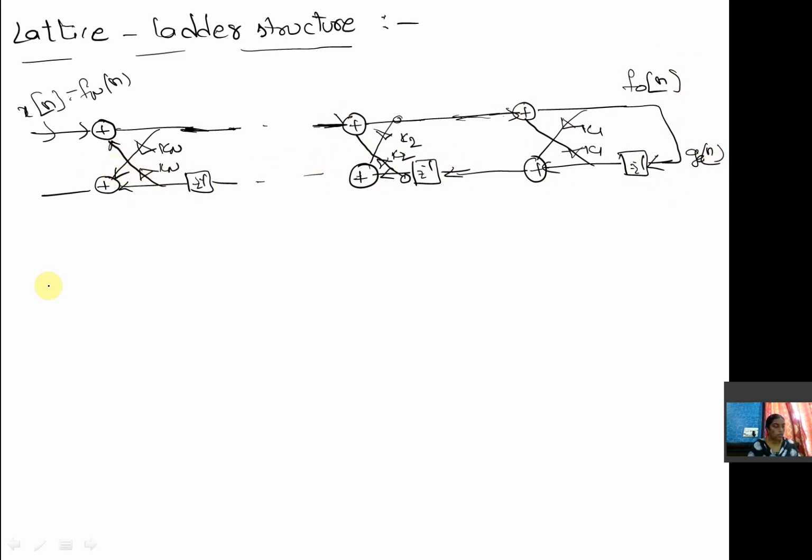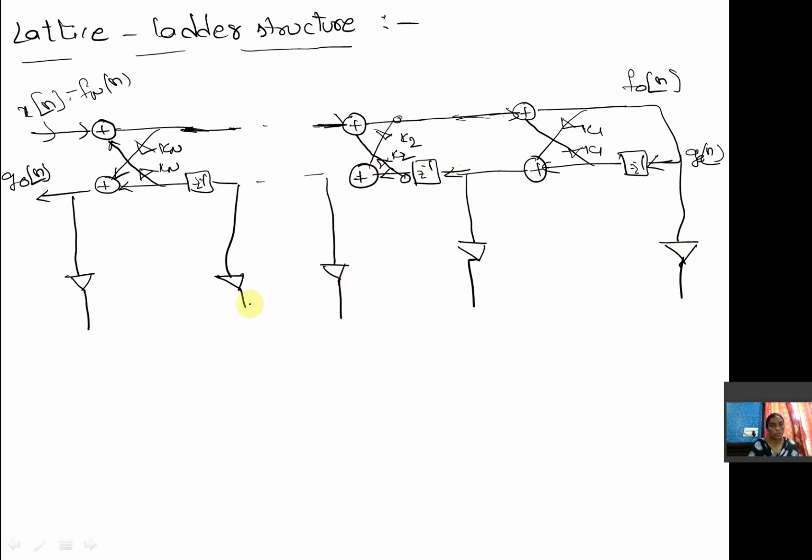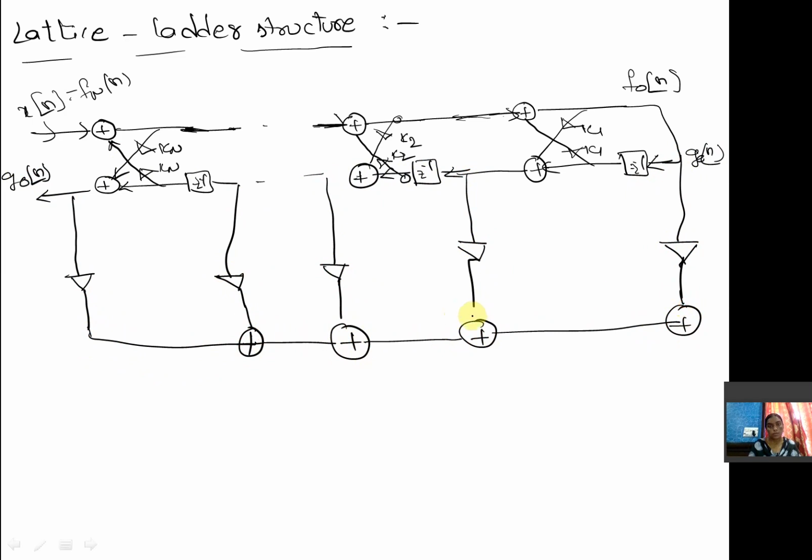So now see this g0 of n. Just consider these multipliers, and then take the summers, and so on, and here you can get the output.